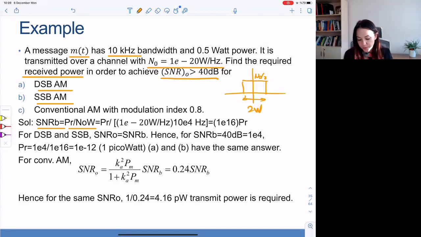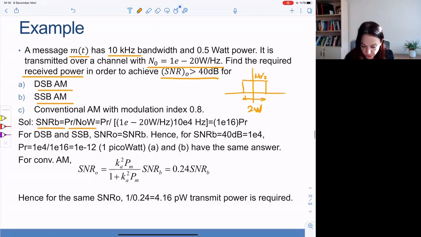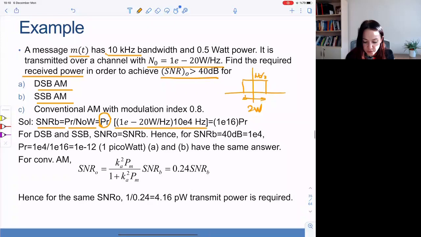So N_0 W. So SNR_B is whatever is the power in the received signal divided by N_0 W, which is 10 to the minus 20 watt per hertz times W, which is 10 to the 4 hertz, because 10 kilohertz.